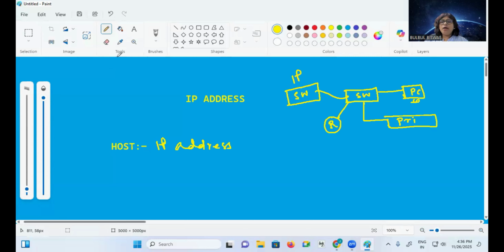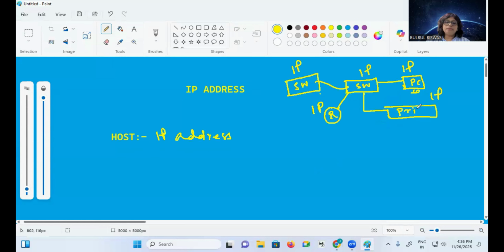While we are assigning an IP address to all those devices, every device we call a host. Any host which has an IP address can be accessed in a network very easily.